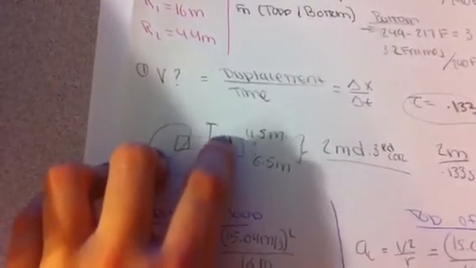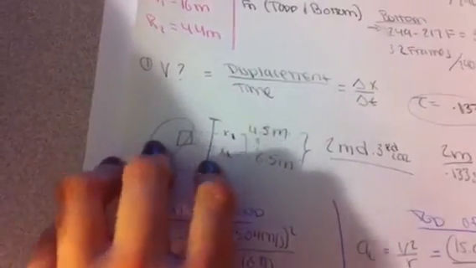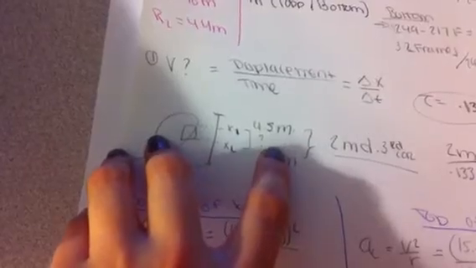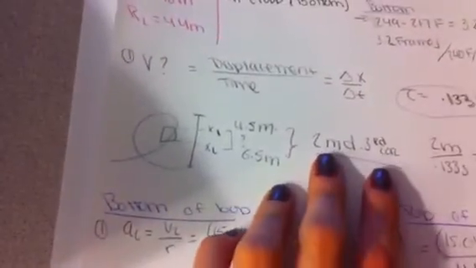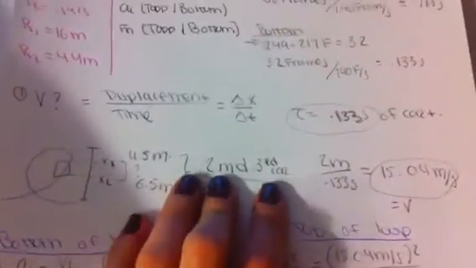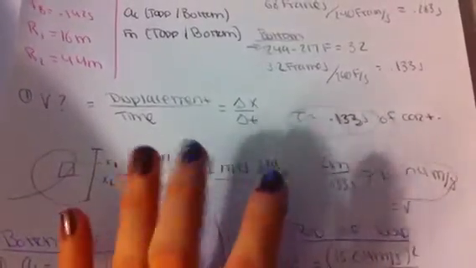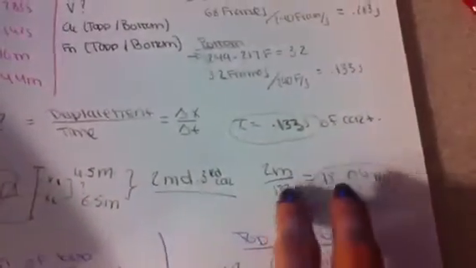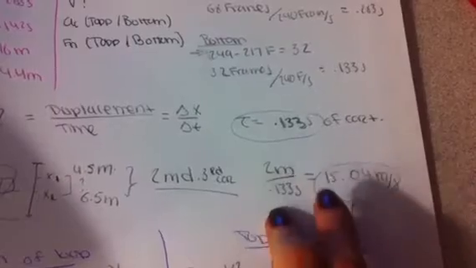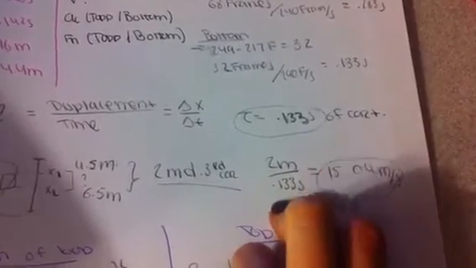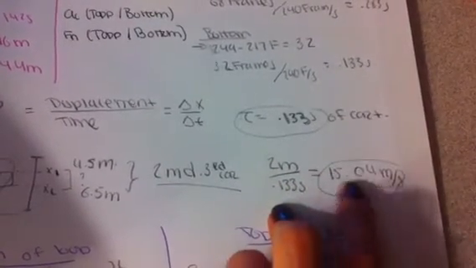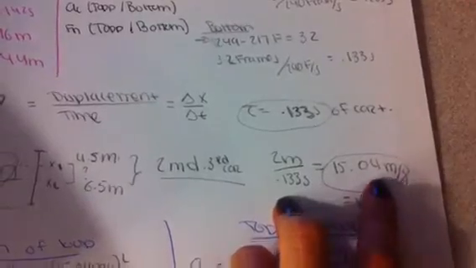We're able to measure x1 to x2 and find the displacement of the car. We got 2 meters for the distance of the third car, which is the only thing we were measuring. So we found it by doing 2 meters divided by our time. We were able to find our average velocity, which is 15.04 meters per second, which is great.